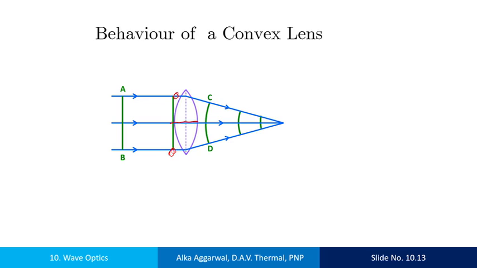So in the same time this ray reaches up to this point and the rays from this point reach to this point, covering more distance. So the shape of the emerging wavefront is of this type.